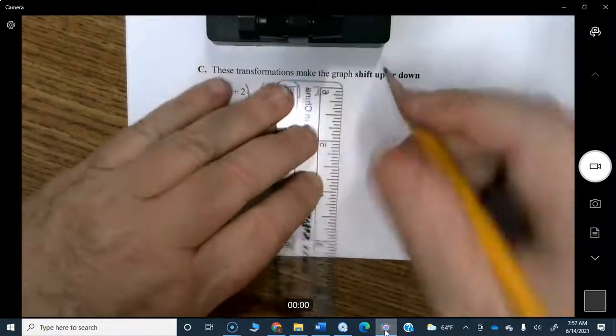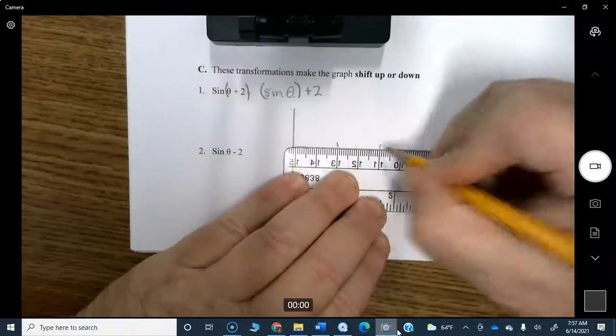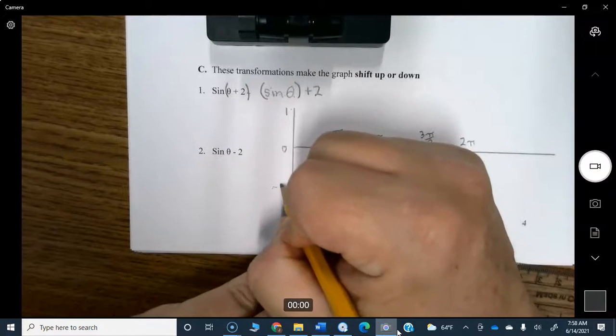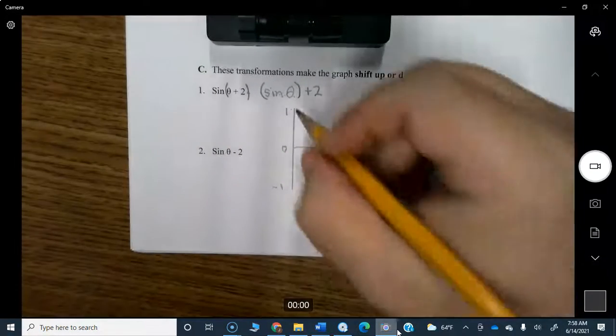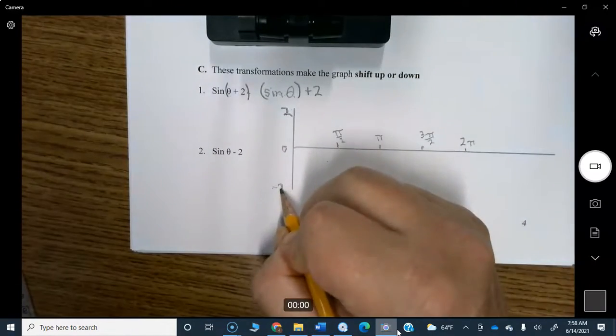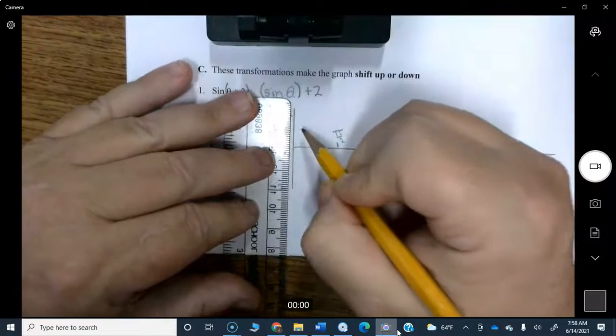So I'm going to draw the same kind of graph that I did before. Okay, this is 1, 0, and negative 1. Actually, I'm going to make this 2 and this negative 2, and I'm going to put the 1, because I can see that we're going to have some heights here.